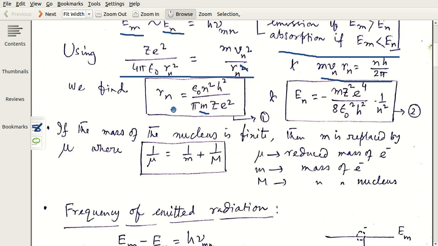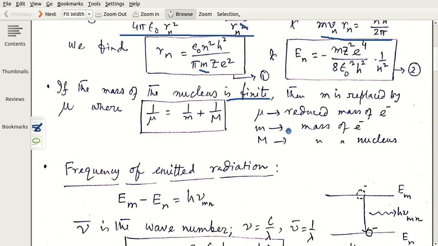When the mass of the nucleus is considered to be finite, then, as you know from central force cases, in two body problems the concept of reduced mass arises. If you consider the mass of the nucleus to be finite, then the mass of the electron is replaced by mu, where mu is known as the reduced mass and is given by this relation.